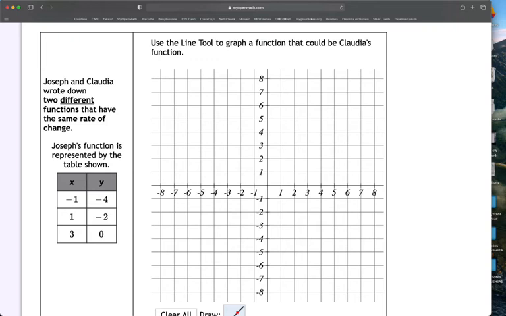So first of all, an example of 2 different functions that have the same rate of change might be y equals 2x plus 1 and y equals 2x minus 1. Those both have the same rate of change of 2, but they're different functions because they have different y-intercepts. So if you were to graph them, they would be lines that are parallel to each other, but they're not the same line, okay?